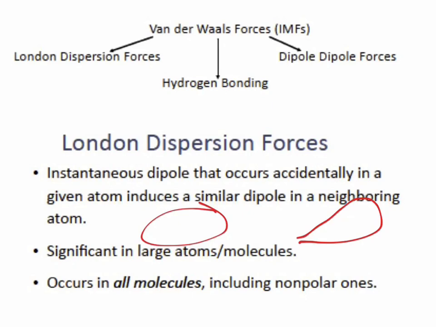So now here you have your partial positive, and here you have your partial negative. What happens is we have an electron cloud shift, and that's what causes us to have that instantaneous dipole.